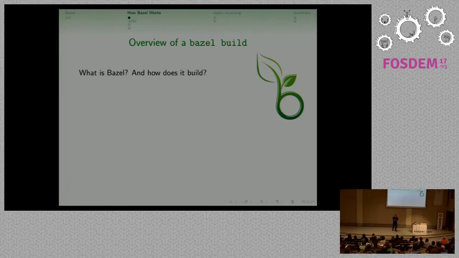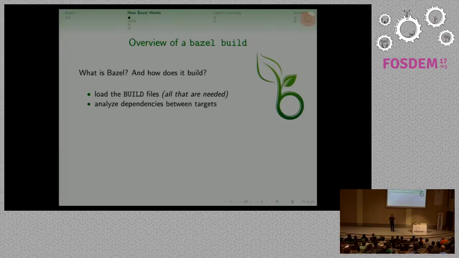Okay, so how does it work? We'll go through an example later, but the general overview is: you get a target, I want to build that thing, then you read all the build files you need. There's no recursive calling.